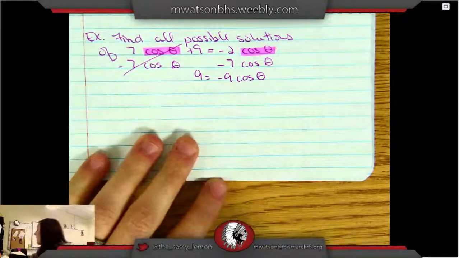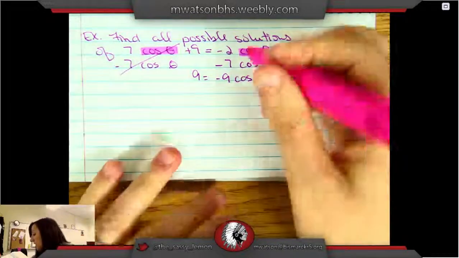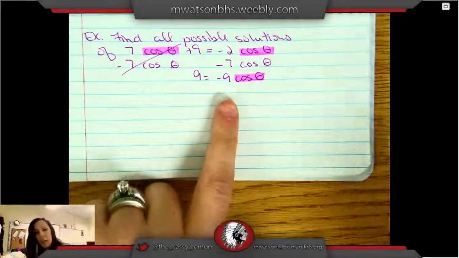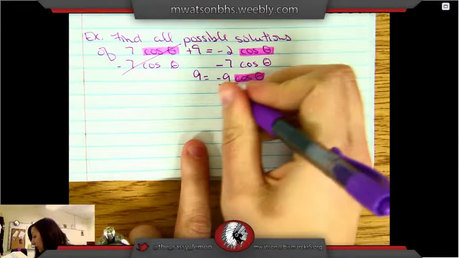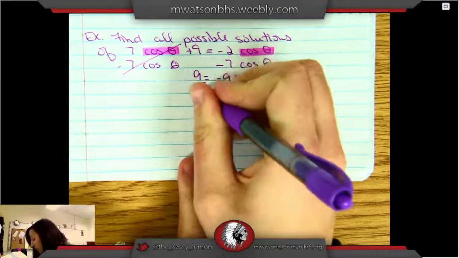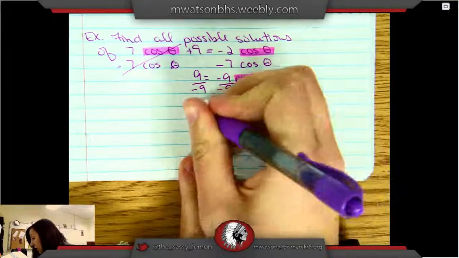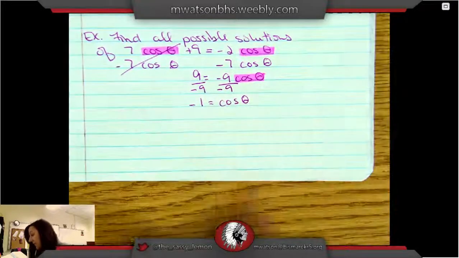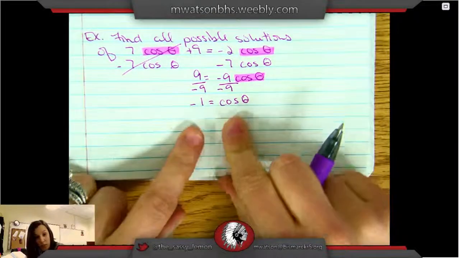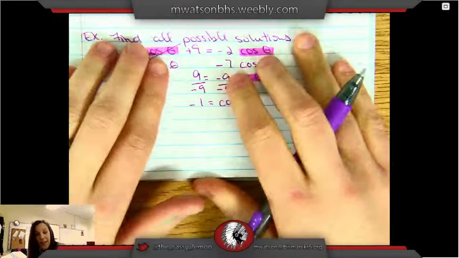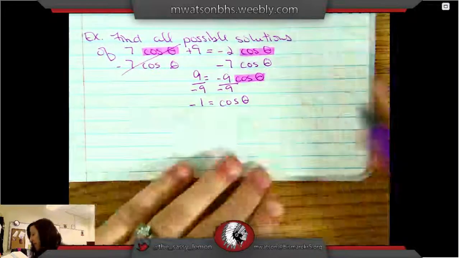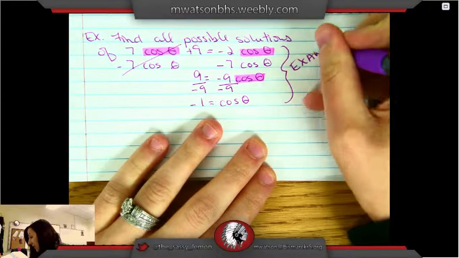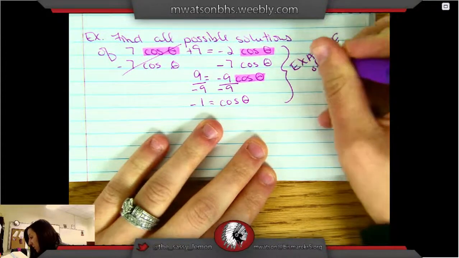Now we've almost got the trig function by itself, but it has a coefficient, a -9. So we need to get rid of that -9 by dividing. So now we have -1 equals cosine theta. That's the equation that we're going to solve now. That was just step 1. So over here I'm going to write example of step 1.